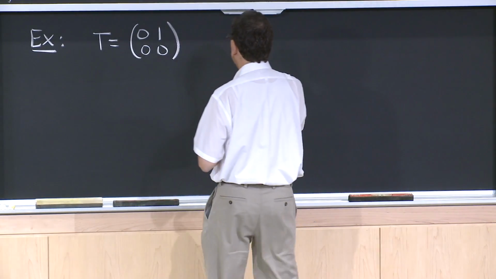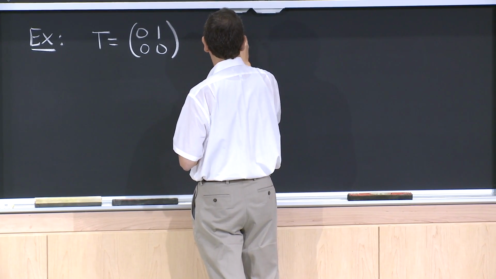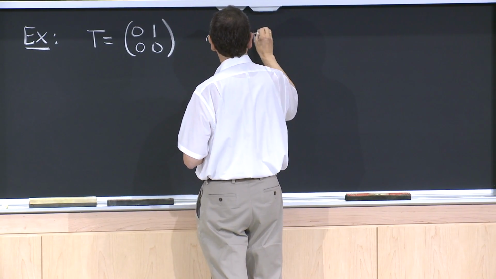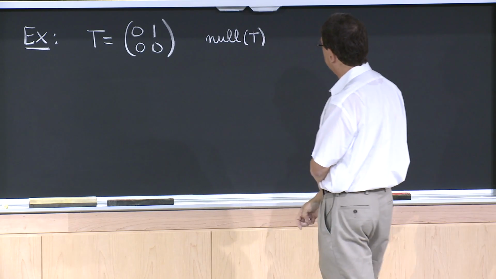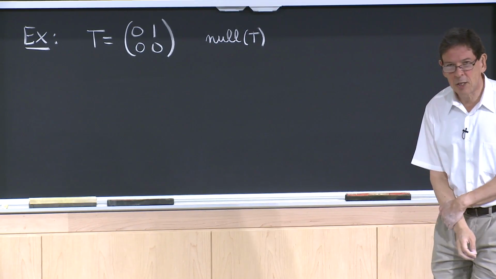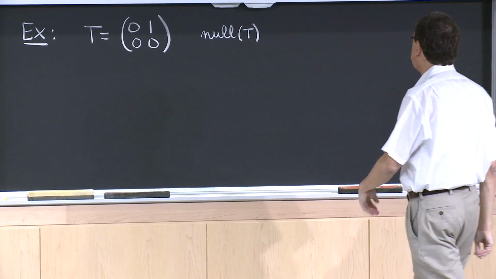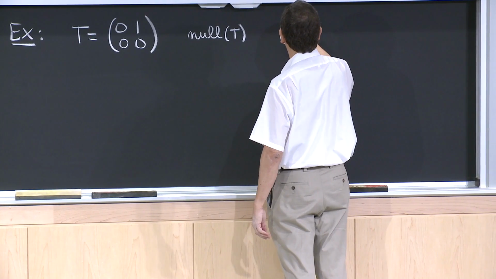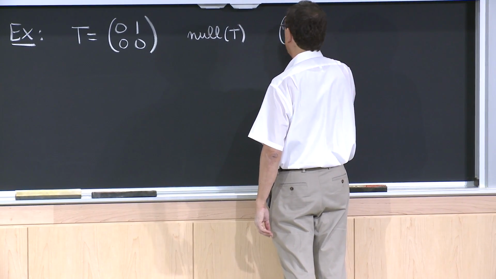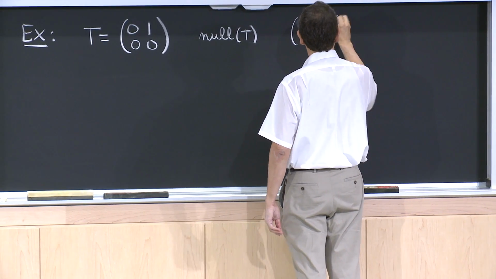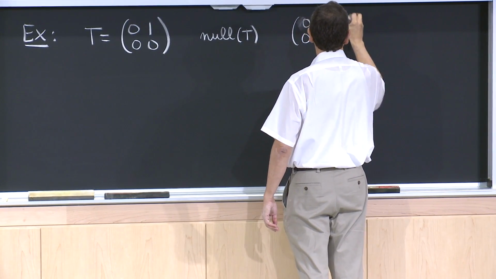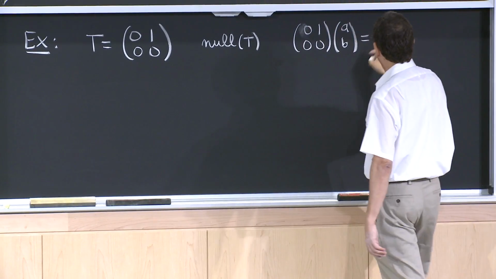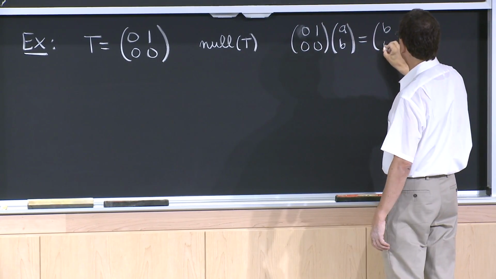So let's consider the null space of T. Well, what is the null space of T? Those are the vectors that are killed by T. So let's act on a, b. Let's do the calculation. How do we do it? We put the matrix, we put an arbitrary vector. We see what we get. You get b and 0.